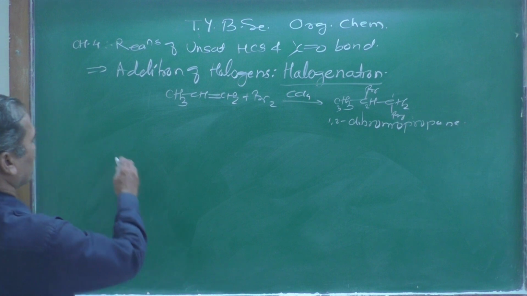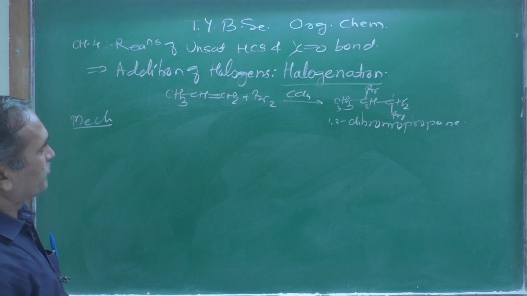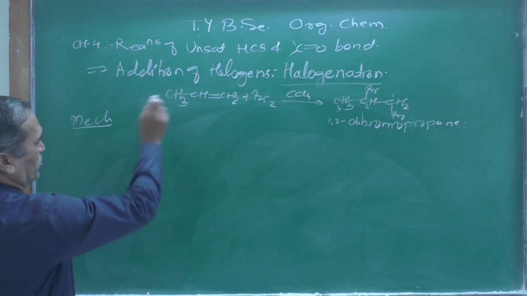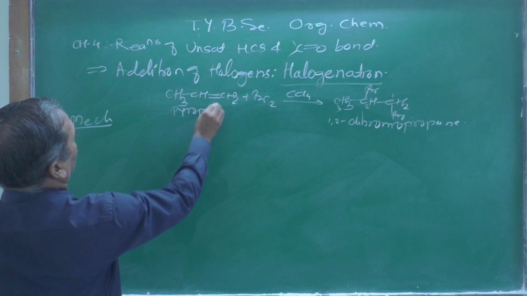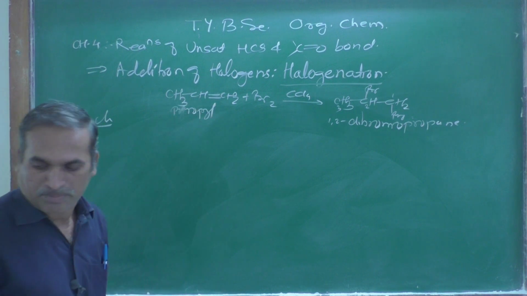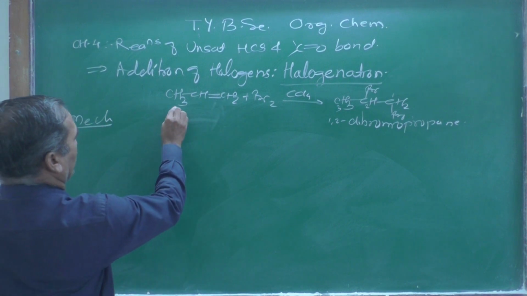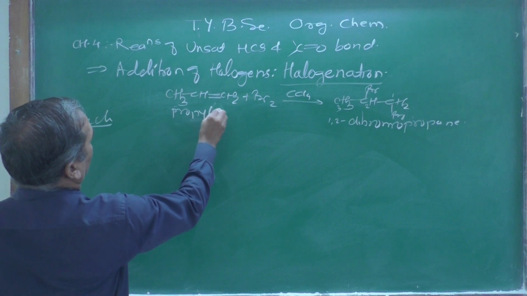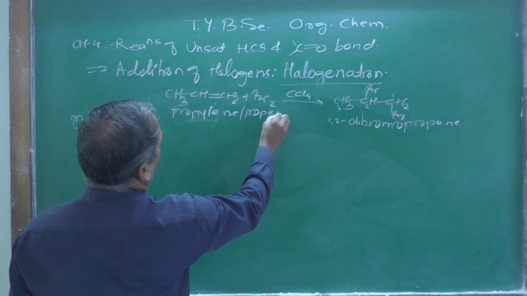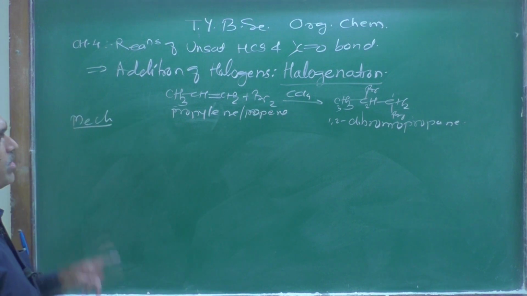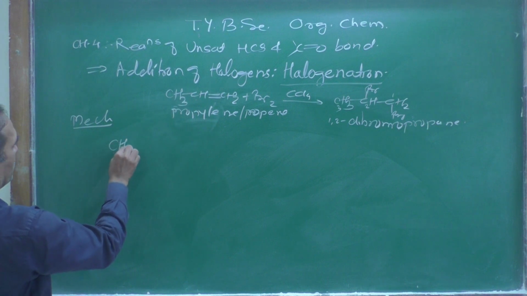Now let us see how the mechanism takes place. Here, propylene, or propene as you can call it, generally in the paper is written as propylene. CH3-CH=CH2 is acting as a nucleophile or Lewis base here.